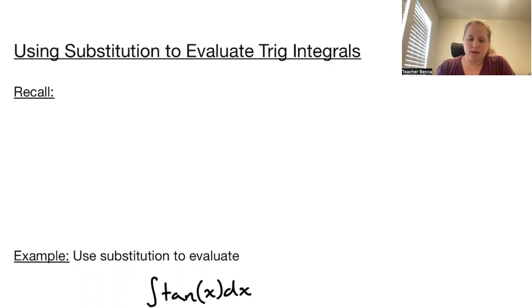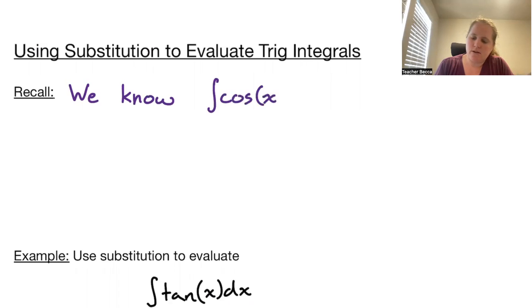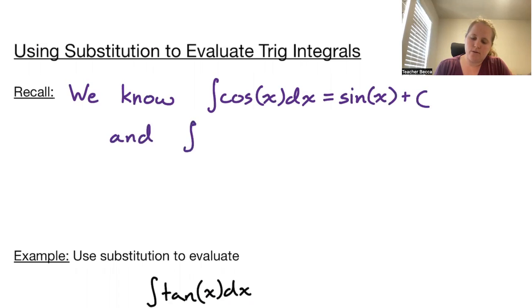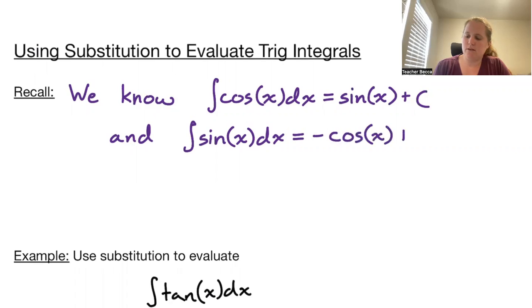Welcome to using substitution to evaluate trig integrals. So recall, we know that the integral of cosine of x dx is just sine of x plus c. And the integral of sine of x dx is negative cosine of x plus c.